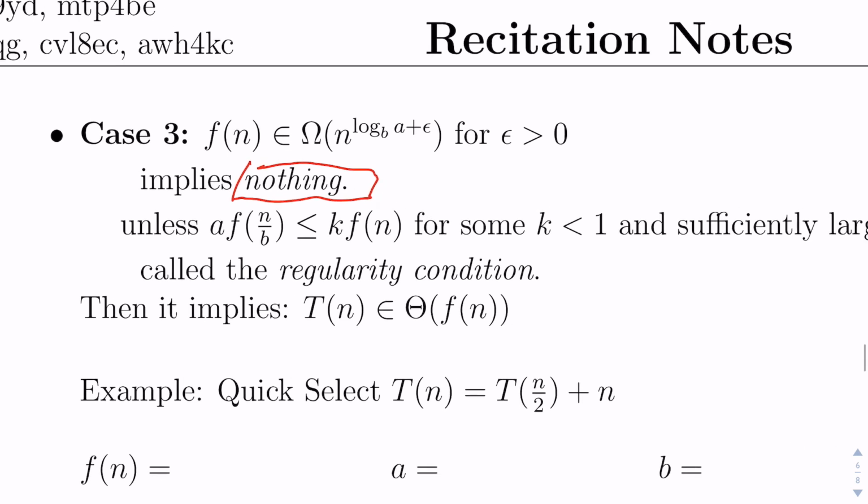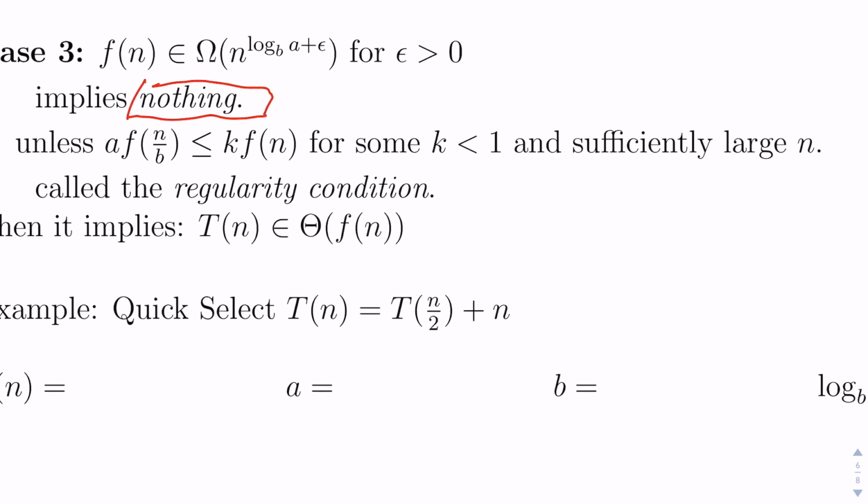Unless one other thing is true. If you want to use case 3, you have to also prove this. This is called the regularity condition. It says that a times f of n over b is less than some constant times f of n, where that constant is less than 1. What this basically means intuitively is that the size of the subproblems decreases.